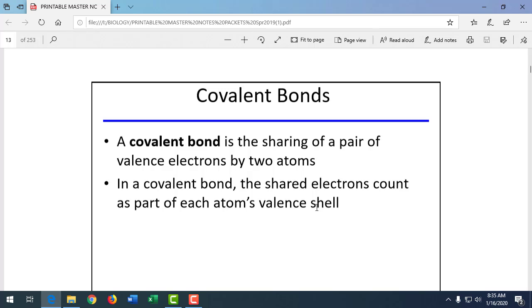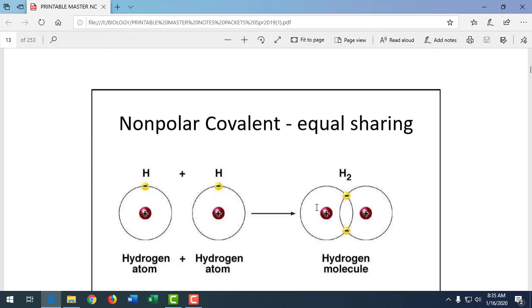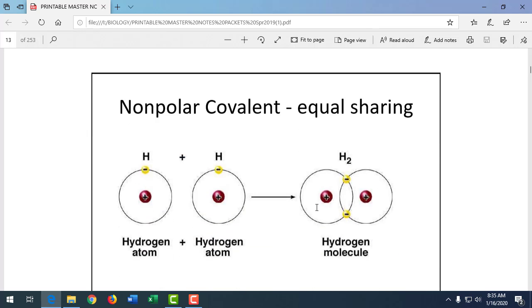So for example, let's look at nonpolar covalent. So nonpolar means equal. Polar means we're pulling one direction a little more than the other. So if it's 100% equal, we say nonpolar covalent.